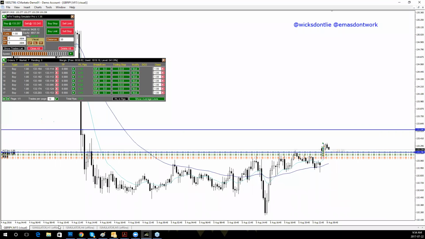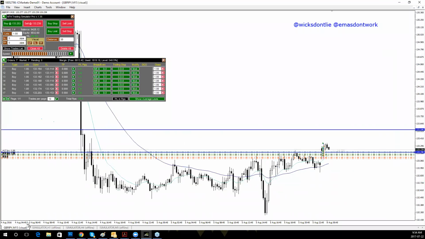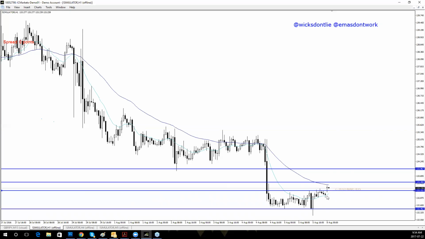Okay, so the 1 hour closed like this. This is interesting, the way the 1 hour closed. Yeah, a doji. So let's see here.